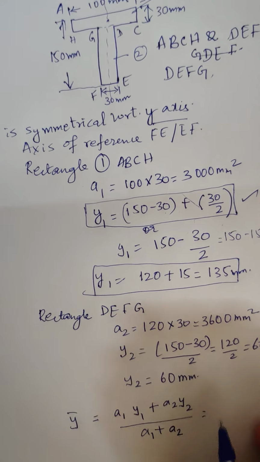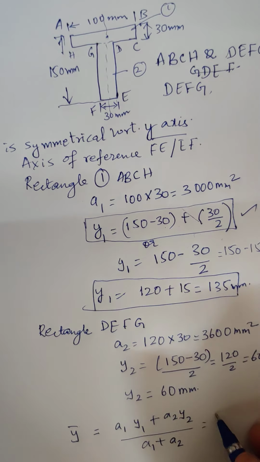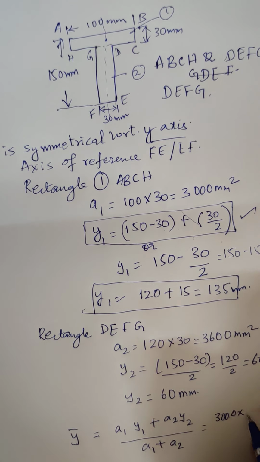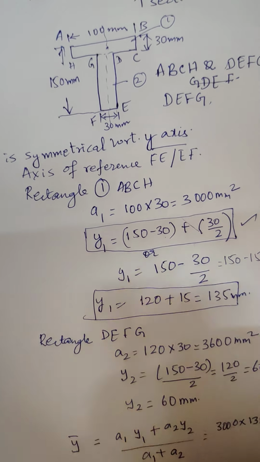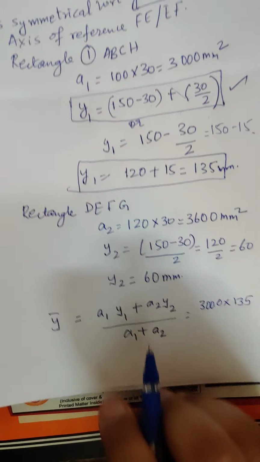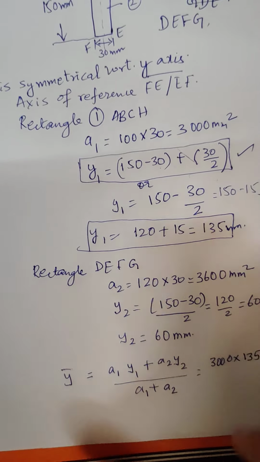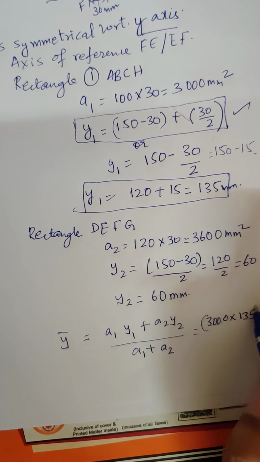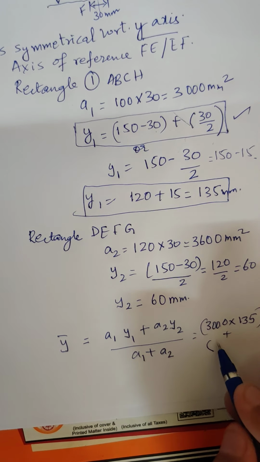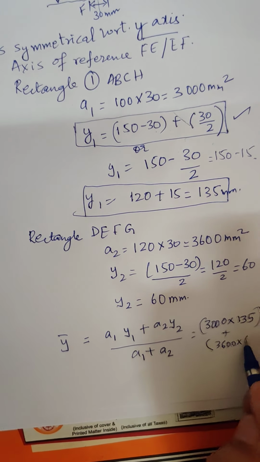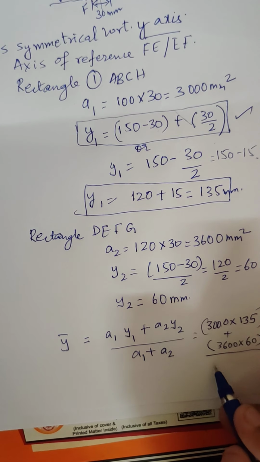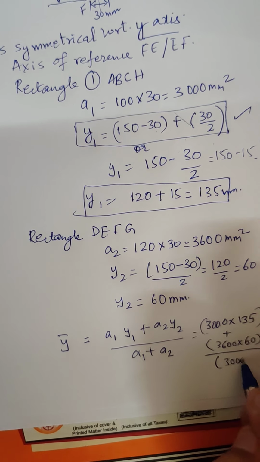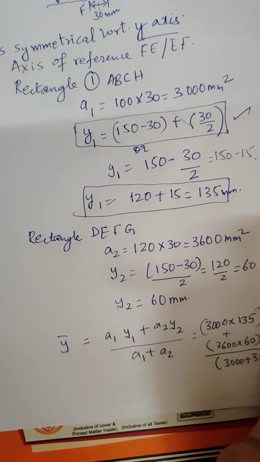So when you substitute, A1 equals 3000 into y1 equals 135, plus 3600 into 60, upon A1 plus A2, which is 3000 plus 3600.